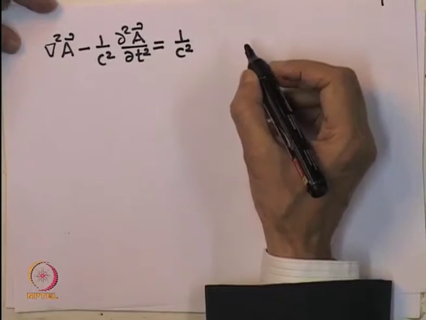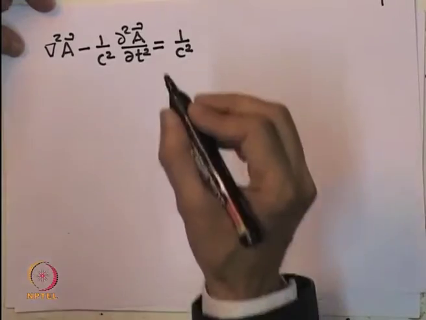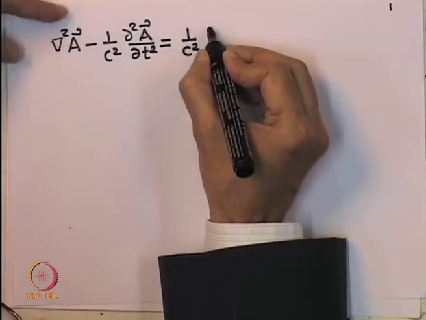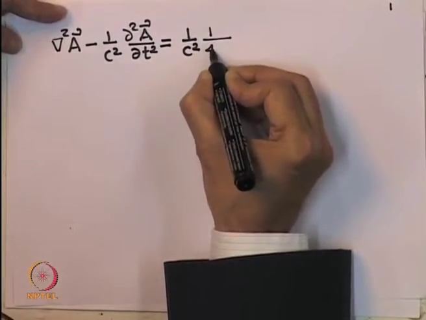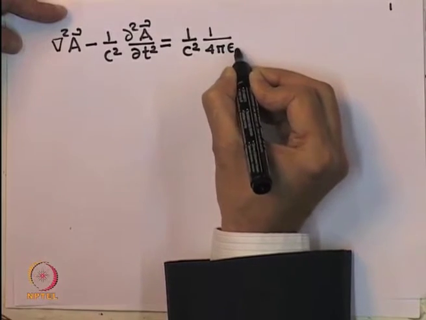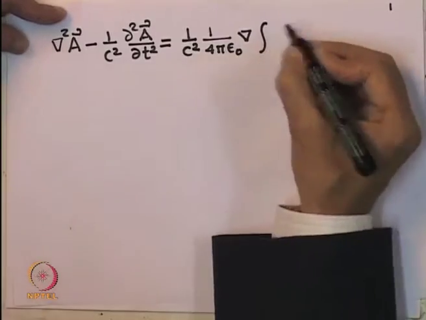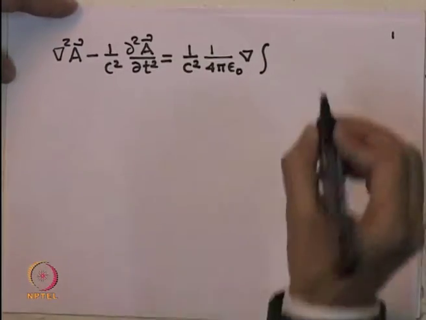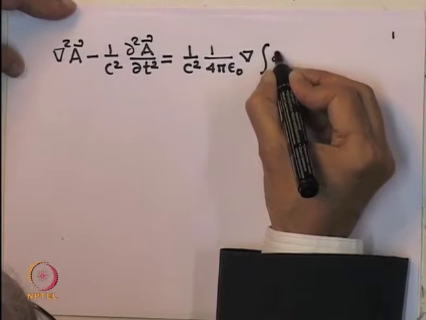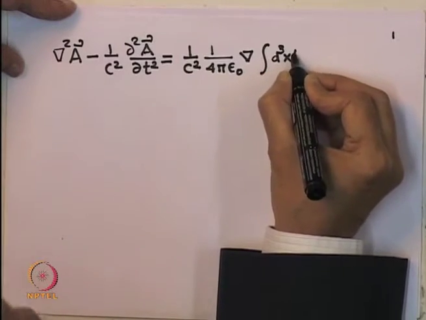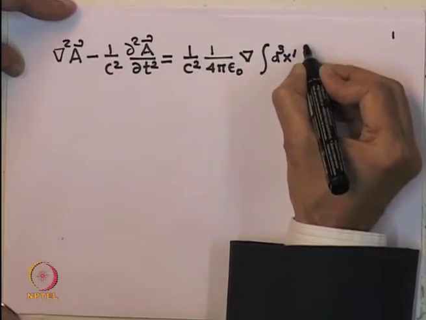I have a grad of dV by dt, and I already know the expression for the potential. So, 1 over 4 pi epsilon 0, this constant comes out, grad of the potential term, which is the solution of the Poisson's equation, and that, we have just now seen, is d cube x prime. We had a rho x prime, but there is a d by dt.